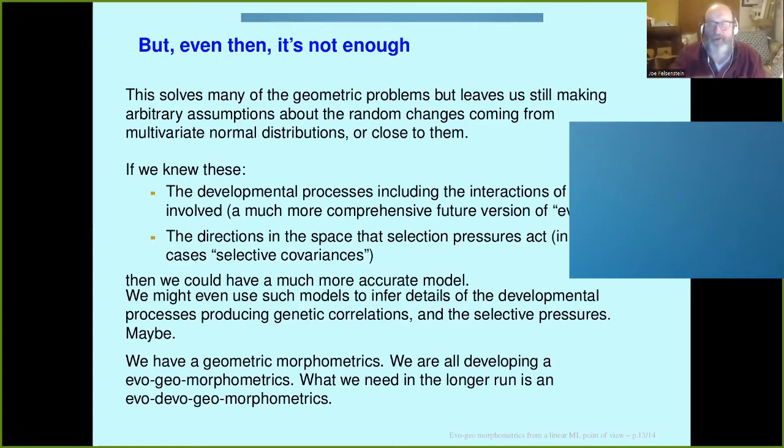So there's a dream of a future Evo-Devo geomorphometrics. As we go forward, there will be decades of work on this, and I can claim entire credit for all of it just by having described it in vague generality.